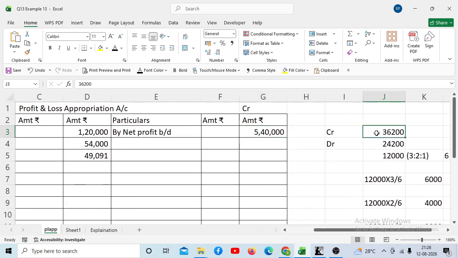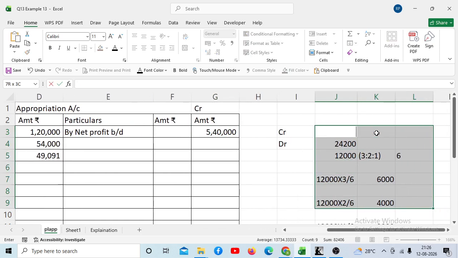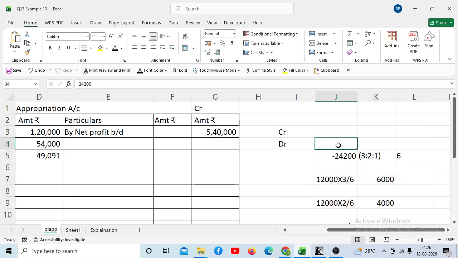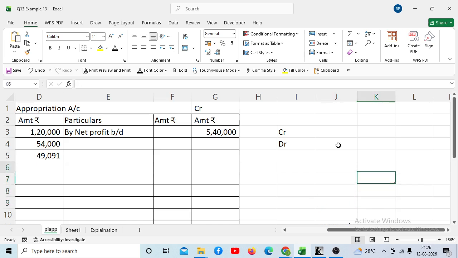Now we will do the balancing for this. On the credit side it is 5 lakh 40. Just do the total of the debit side.